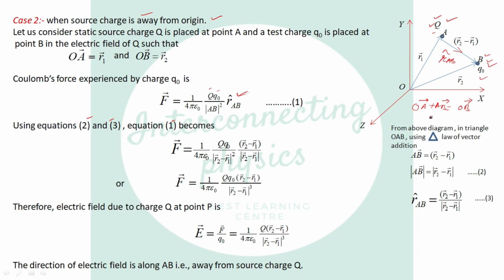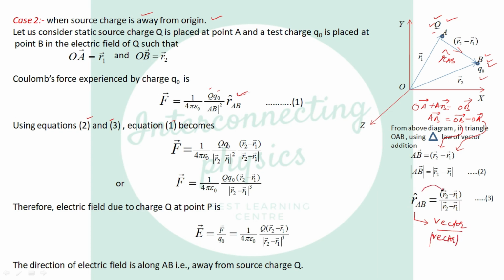Now keep AB in the left hand side and take OB in the right hand side. Now put the value of OB, which is R2 vector, and put the value of OA, which is R1 vector. Now AB modulus will become R2 minus R1 modulus. Now what is the value of RAB unit vector? You know, according to definition, unit vector is given vector divided by its magnitude.